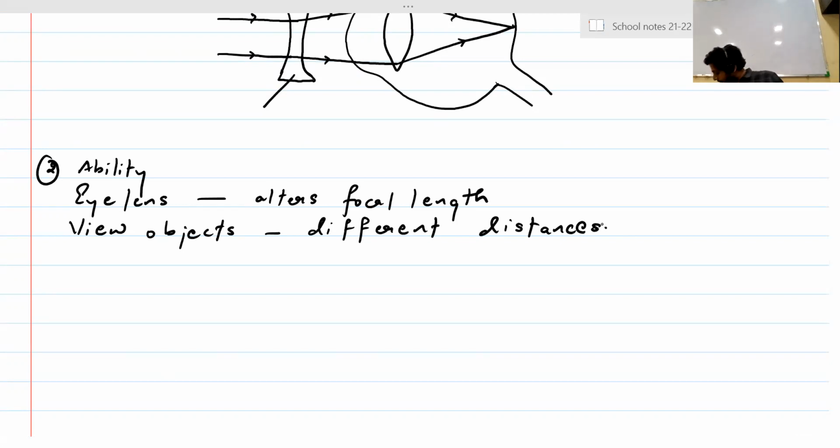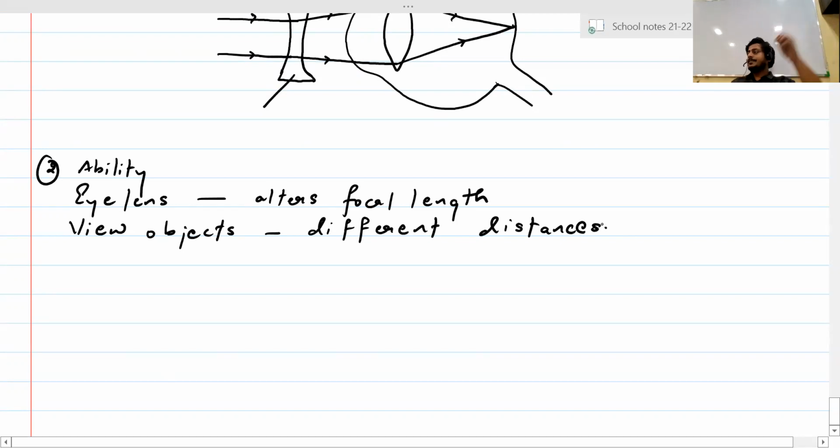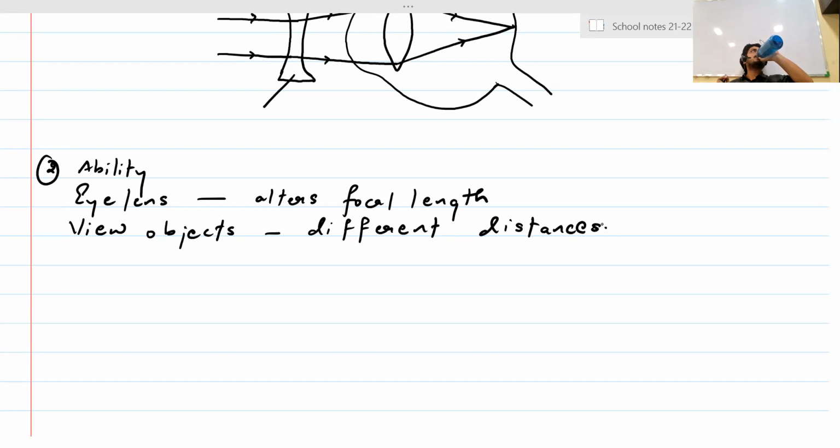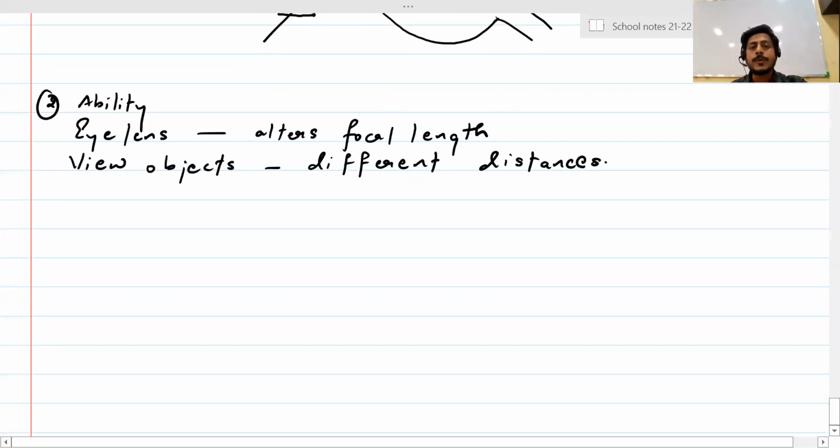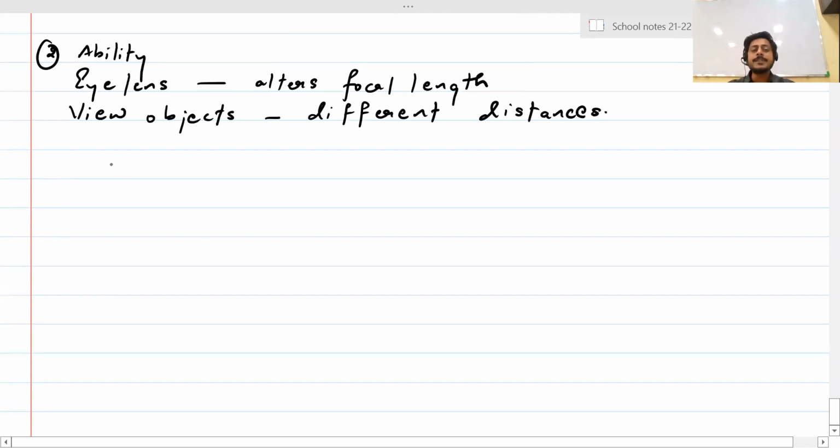Again, this is also a board question, and we've seen accommodation itself, the shape of the lens, being asked for a 5 mark question. When you see something that is close to you, as we had revised, the lens is thicker.